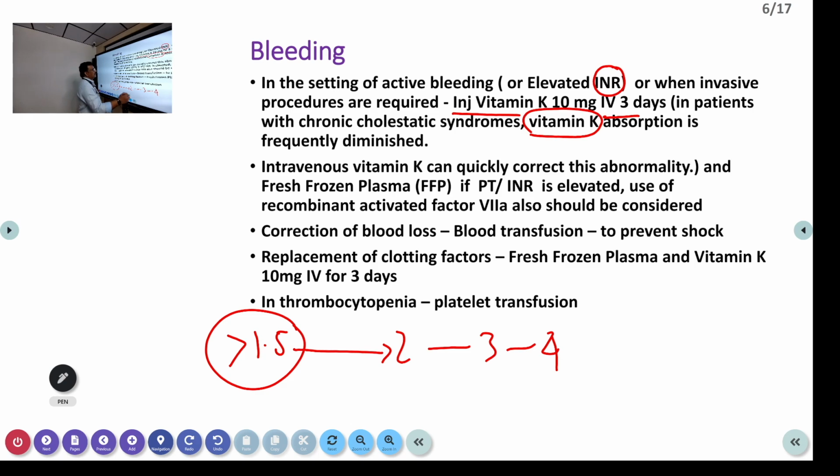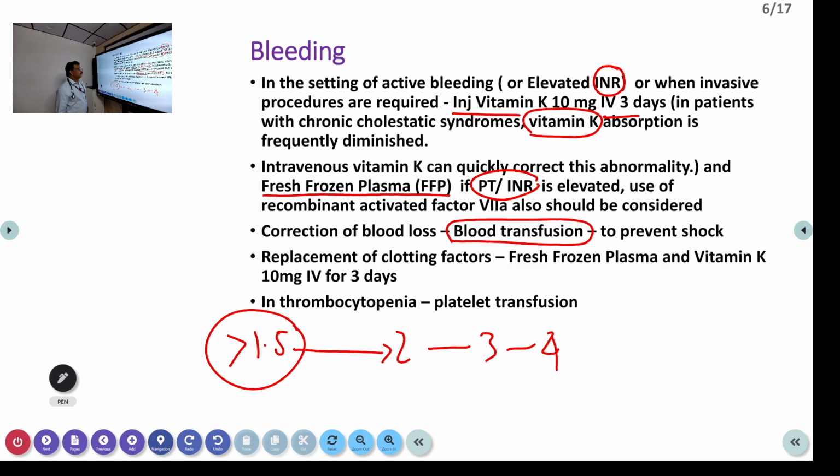Now, if the PT INR is elevated and you want to treat the patient, you have to go for fresh frozen plasma. That can be tried if there is a bleeding tendency. Blood transfusion should be tried in a severe case of anemia or severe bleeding tendency.